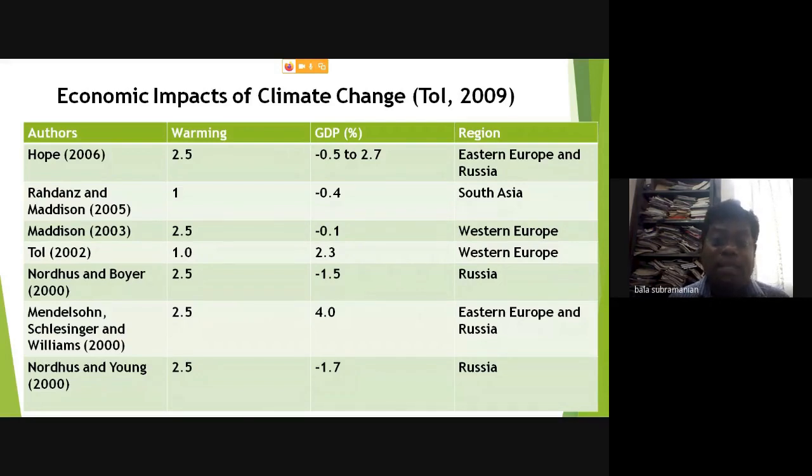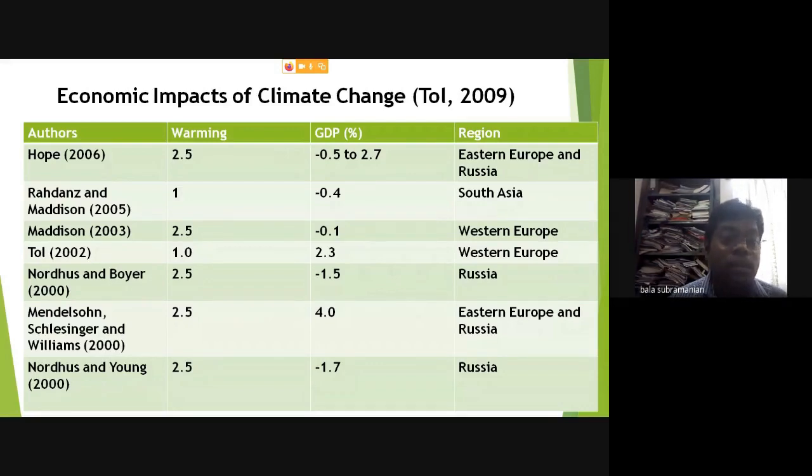They estimated at the global level, for example, for some regions like Europe and Asia. For Eastern Europe and Russia in 2006, he studied what will happen to the GDP if the temperature rises 2.5%: minus 0.5 to 2.7. Another study by Radson and Madison, with warming of 1%, found 0.4 in South Asia. So these are some economic impacts of climate change.